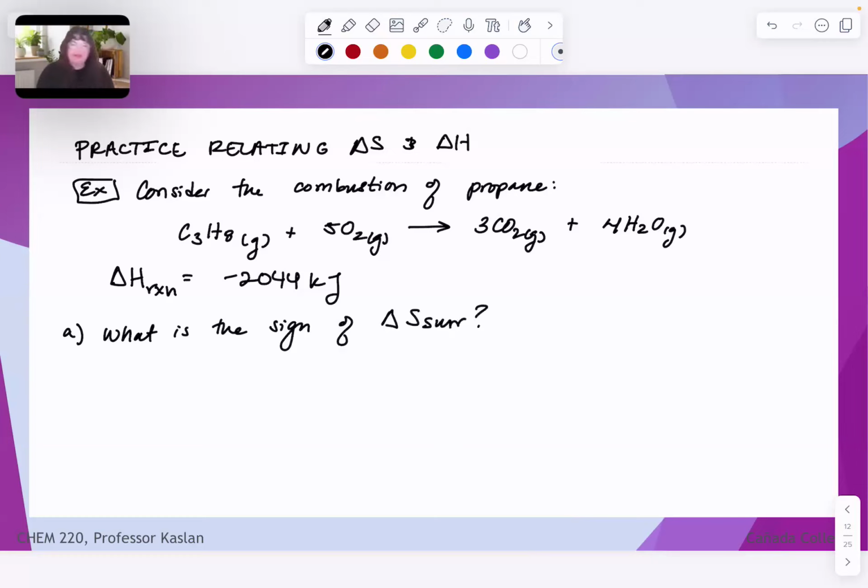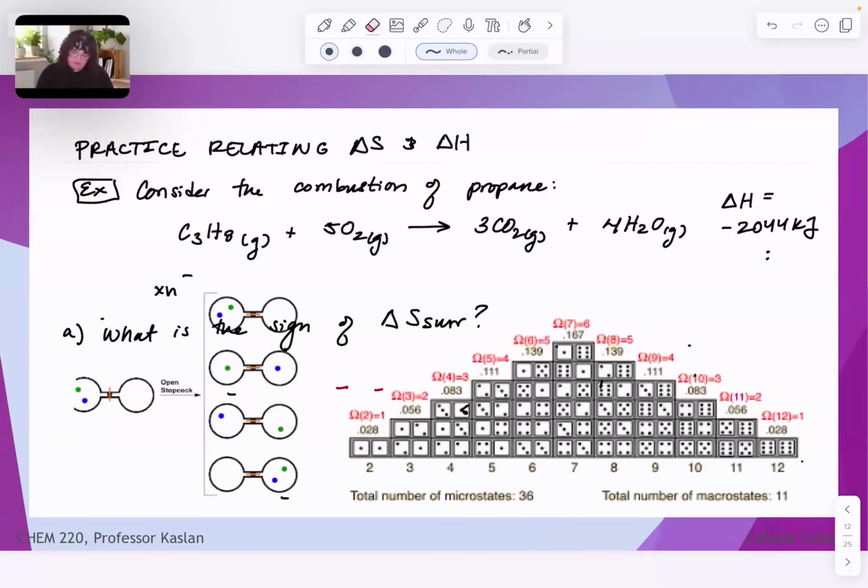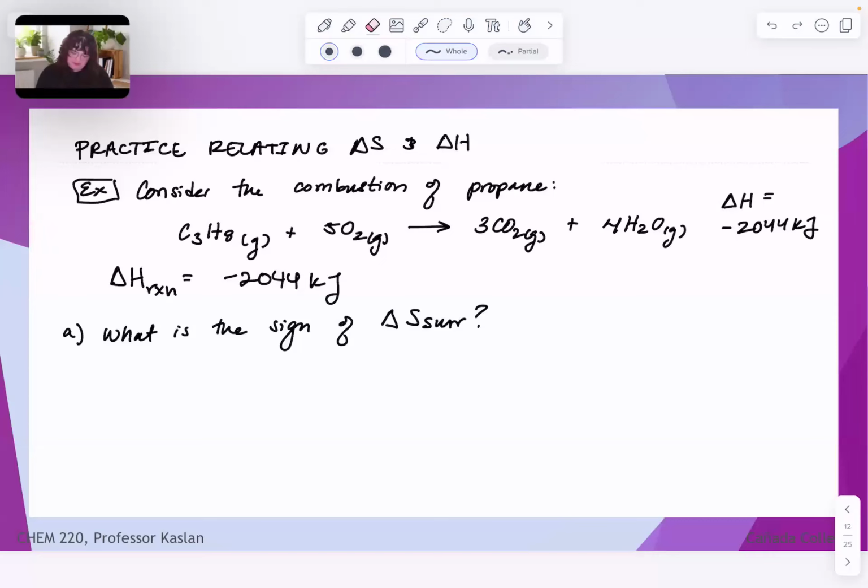what is the sign of the change in entropy of the surroundings as a result of this combustion happening? So I'm going to rewrite here, delta H is equal to negative 2044 kilojoules.